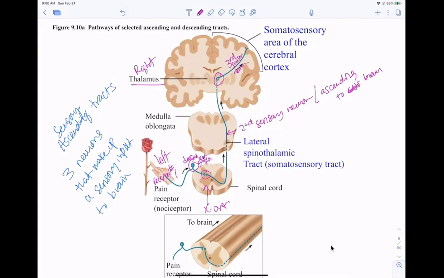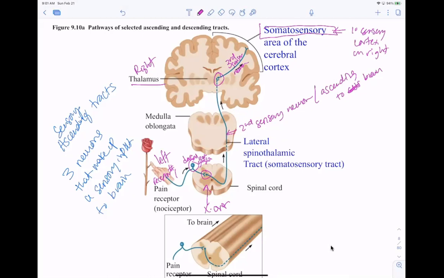And that third sensory neuron will then end up in the somatosensory cortex, or primary sensory cortex, on the right. So what I'm trying to say is the sensory information that is being collected on the left side of your body is being received in the right hemisphere of your brain. And it's a 3 neuron track.